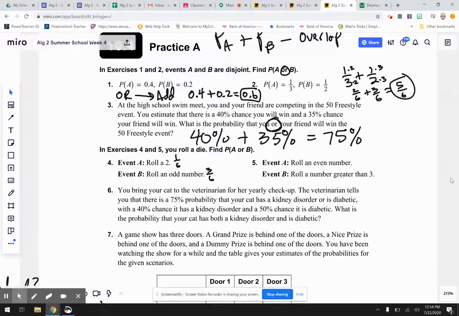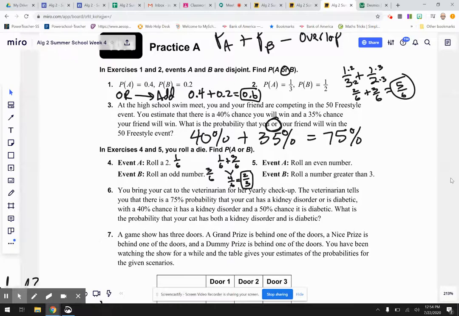So you get 1/6 chance to roll a 2, a 3/6 chance to roll an odd. 2 is not odd, so there's no overlapping there. So it's just 1/6 plus 3/6. And you're going to get 4/6, but you should reduce that to 2/3. So 2/3 chance that you could get a 2 or an odd.